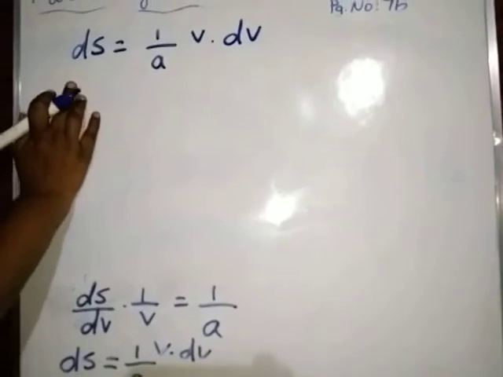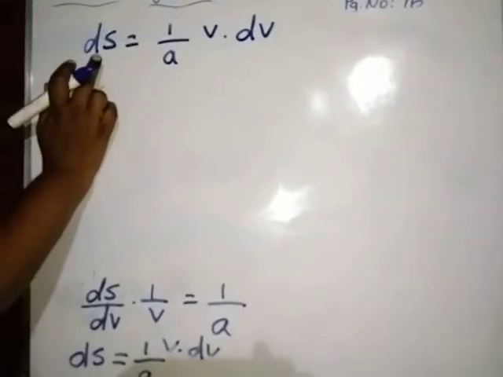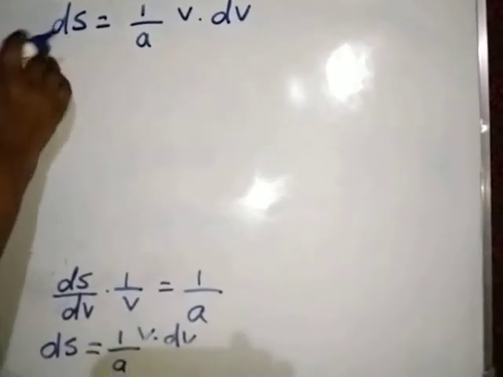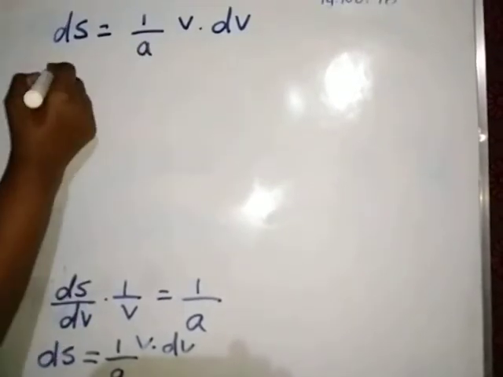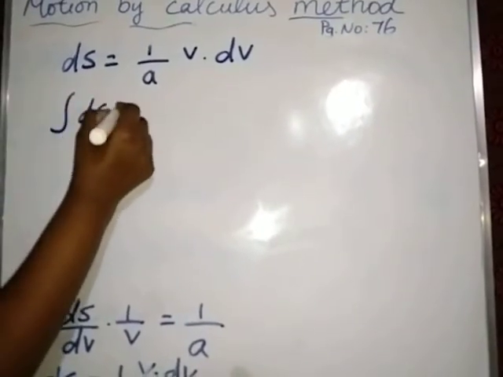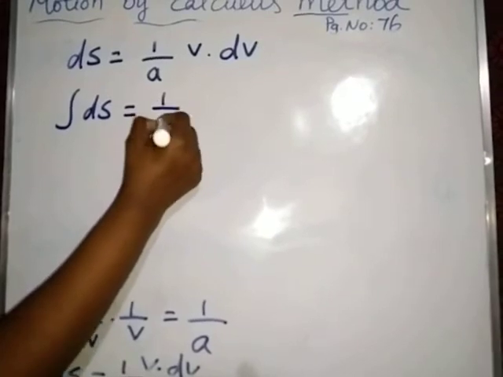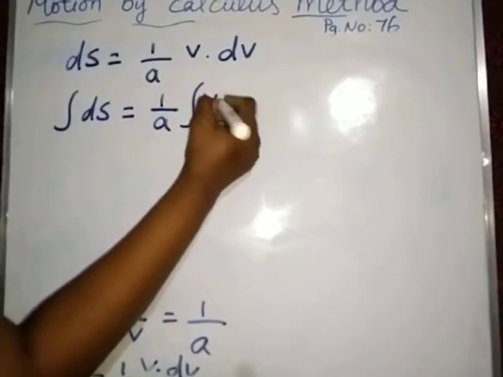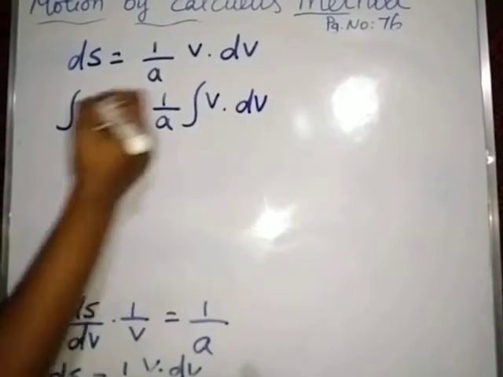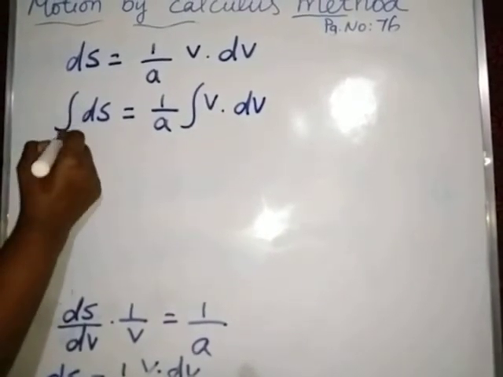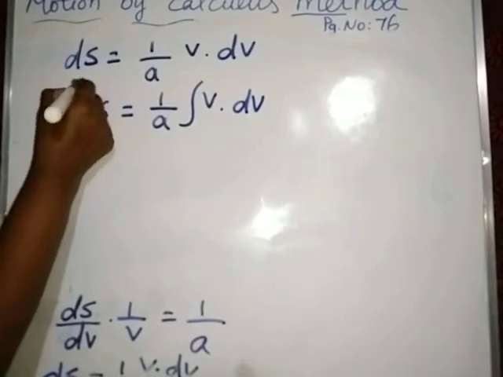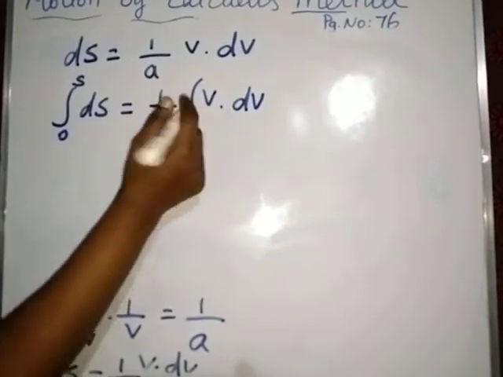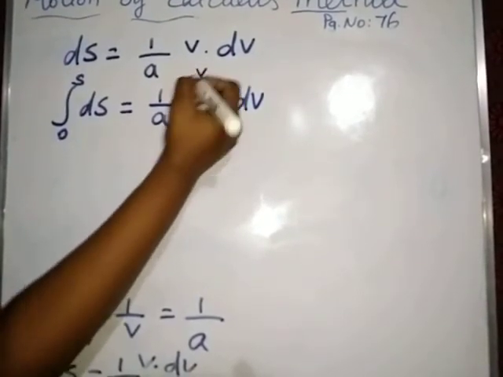Now we want the value of s, so integrate this equation. Integrate ds equals 1 by a, which is common, take it outside, integral v dv. For integral ds, the limit varies from 0 to s. The limit of velocity varies from u to v.